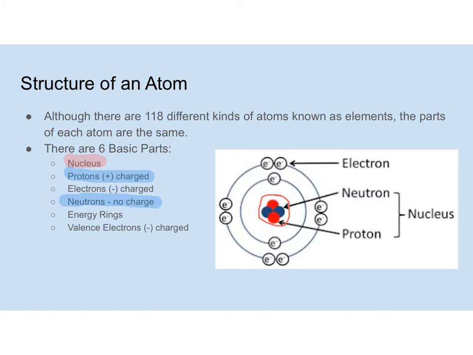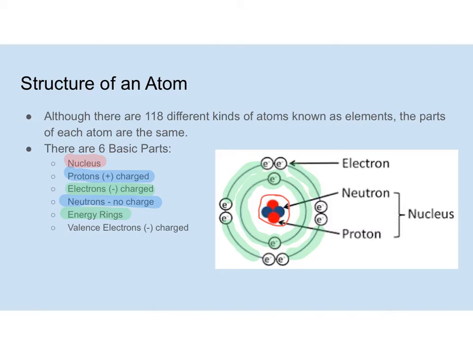So these are three of the six components: the nucleus, protons, and neutrons. Then the other things we have are electrons, and energy rings, which I'm just highlighting here. These are the rings that go around the nucleus. The nucleus is not considered an energy ring, but the rings outside the nucleus are.